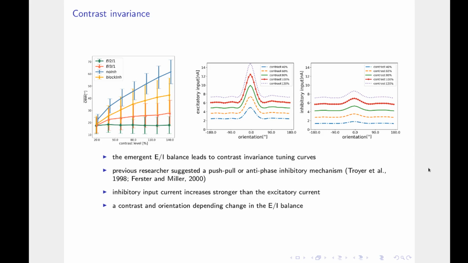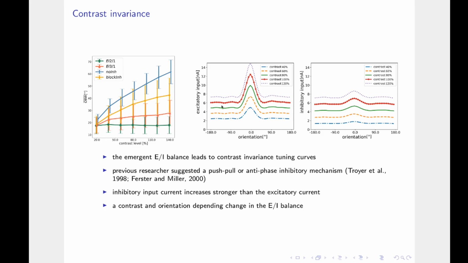Furthermore, by presenting sinusoidal gratings at different contrast levels, we observed the emergence of contrast invariant tuning curves for the E to I 2:1 model. Here on the left, you can see the orientation bandwidth for different contrast levels. In the middle and on the right, you can see the incoming excitatory and inhibitory currents for the E to I 2:1 model for different orientations and contrast levels.